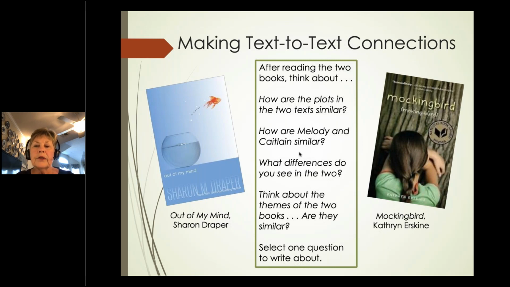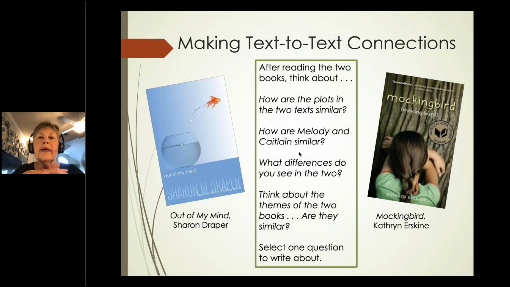And I've put two here that I've used before with kids, Out of My Mind and Mockingbird. And we can engage kids in conversations about the idea of character similarities.